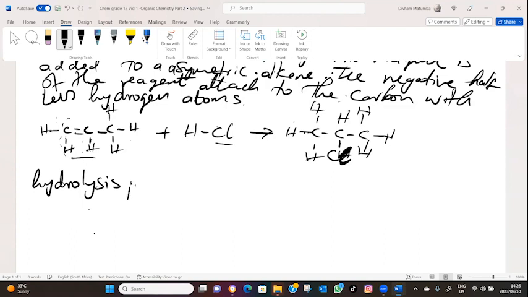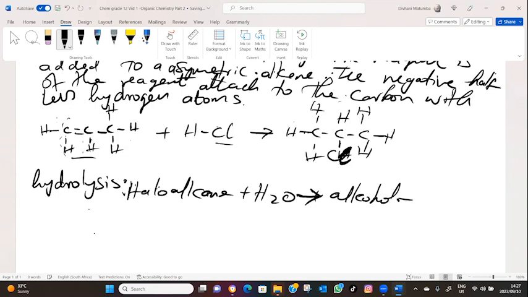So for instance, if you have a haloalkane, then you add water, you will get alcohol plus your hydrogen with a halogen.